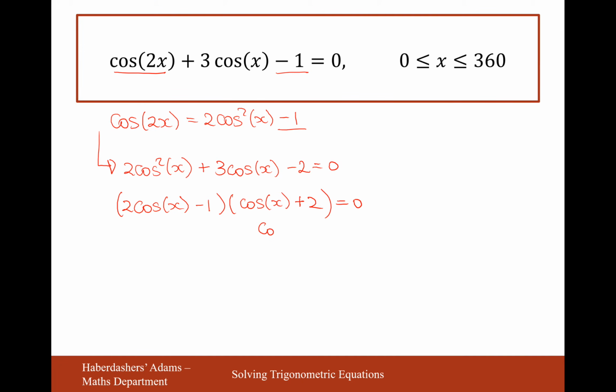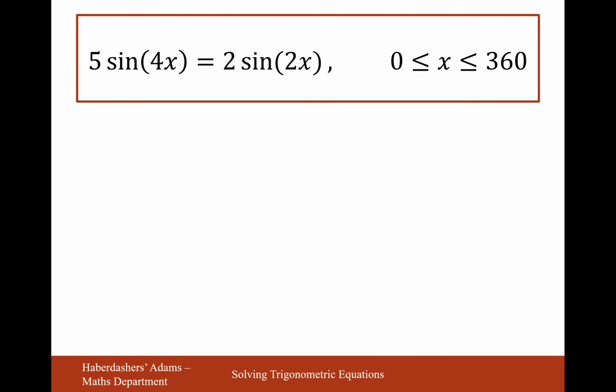So either I've got cos x equals minus 2, in which case there's no real solutions, or cos x equals half. And in degrees mode, that's going to be x equals 60 degrees and 300 degrees. So there we are, those are the two answers for this question. Let's move on to the next one.